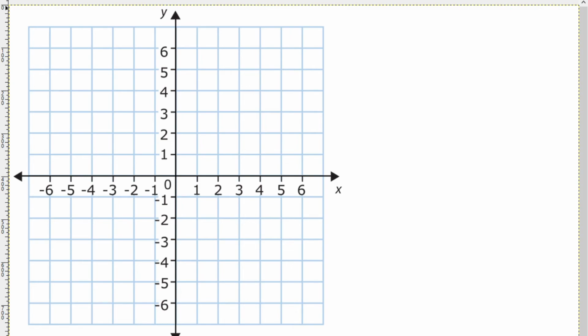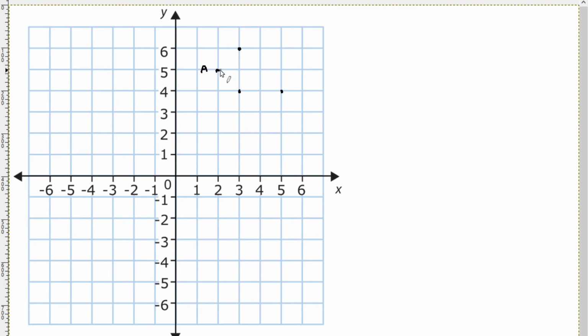Oh, my brush stopped working. What's going on here? Okay, there we go. So let's do something like this. We'll draw this, this. We'll do a polygon here.